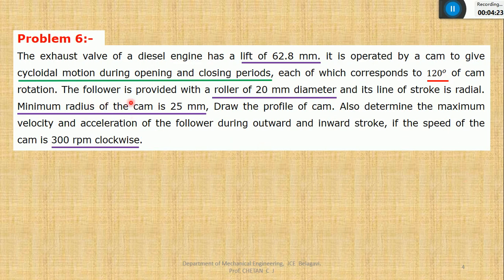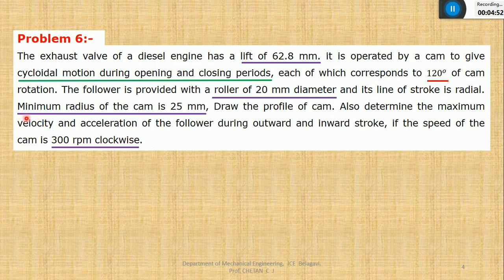The follower is provided with a roller of 20 mm diameter. Since the roller diameter is given, the type of follower is a roller type. The diameter is 20 mm, so the radius of the roller will be 10 mm, and its line of stroke is radial. It means the follower axis is in line with the cam axis, so it is a radial follower.